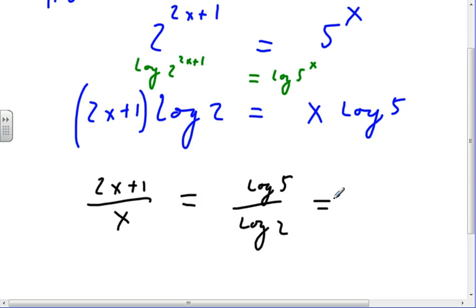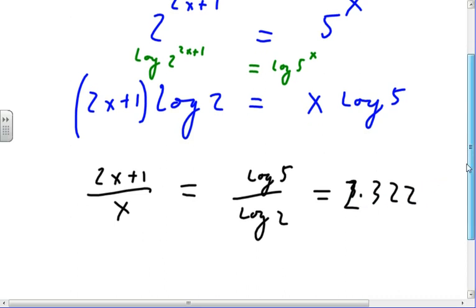All right, so now I'm going to go log 5 divided by log 2, and I end up with 2.322. Does it say how many significant digits? 3 significant digits. So I'm going to keep 4 significant digits, so I have 3 when I get done.